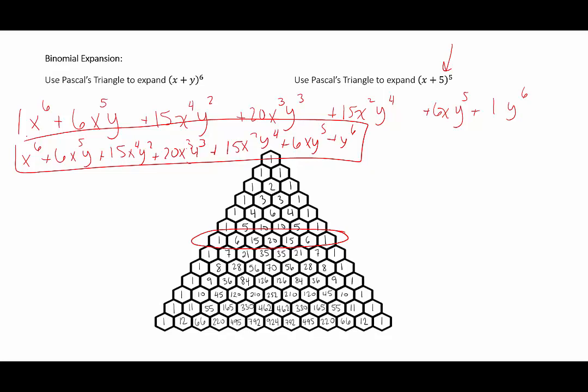Okay, and last but not least, we're going to look at x plus 5 to the 5th, because this one's going to be a little bit trickier. So I'm going to erase this because we're done with that. We're going to the 5th row here. A lot of 5s in this one. So I'm going to do these at the same time just to save time.